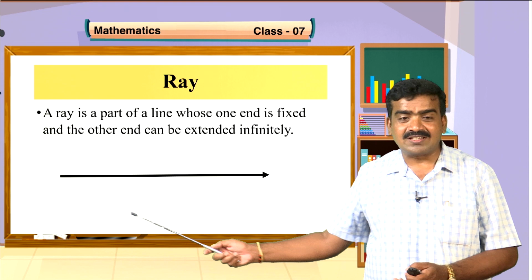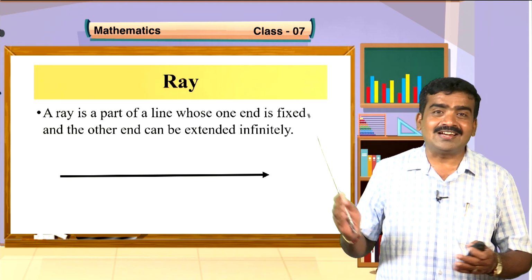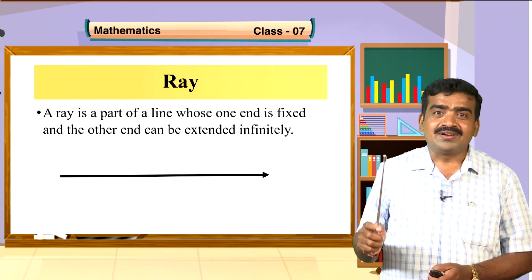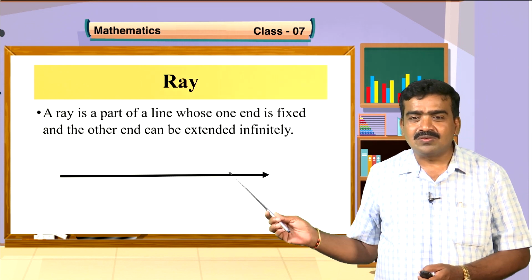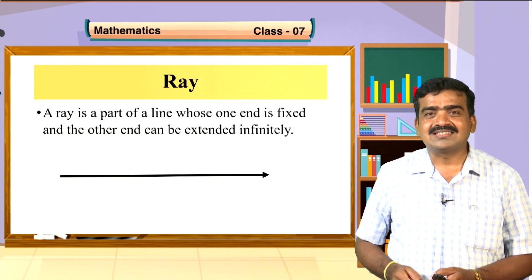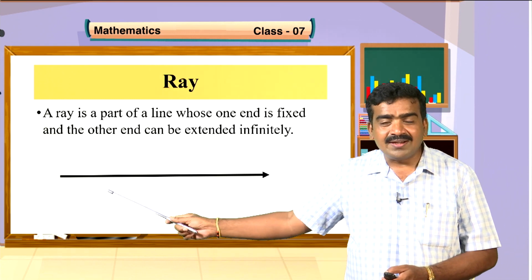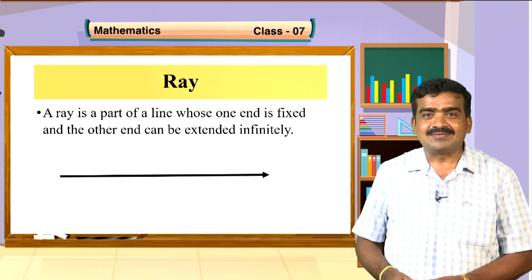So, one end is fixed like this and the other end can be extended infinitely. This is what a ray is. That is why while representing the ray from the sun, we put the arrow mark like this. That means it has a definite starting point and it can be extended infinitely.